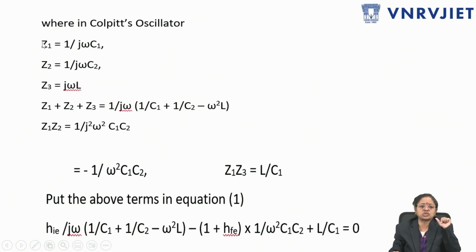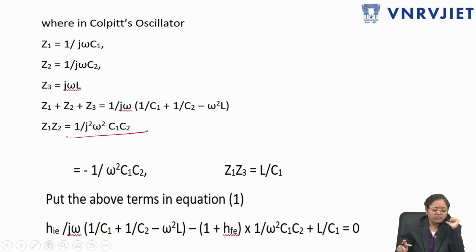Similarly for Z2, and Z3 is j omega L. So in the general equation, we have Z1 plus Z2 plus Z3. I have substituted this and simplified so that, coming forward, I can straight away substitute this. And I have also calculated Z1 Z2, which will come to 1 by j square omega square C1 C2.